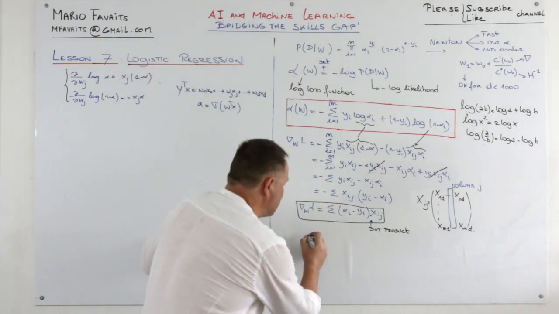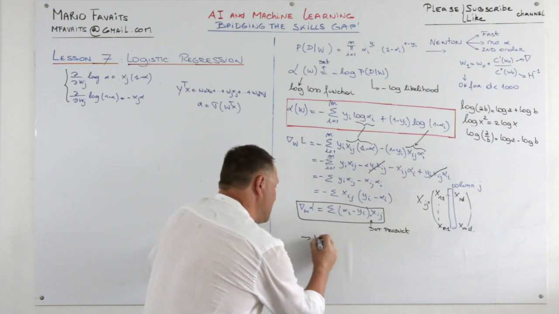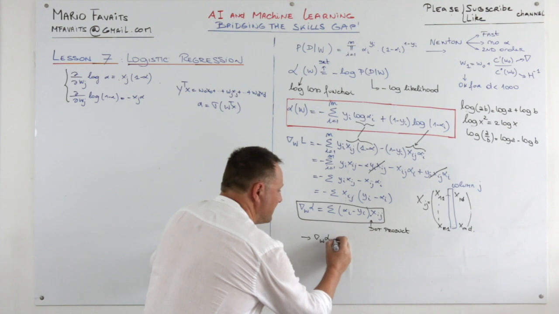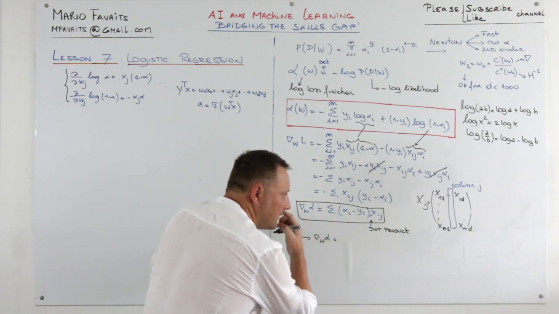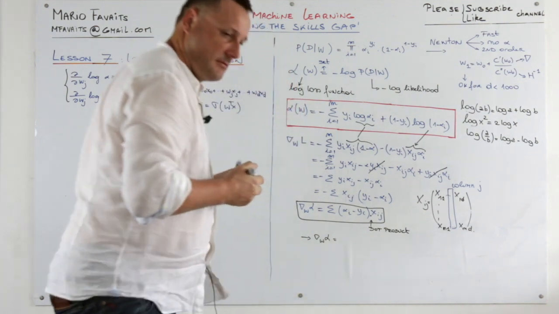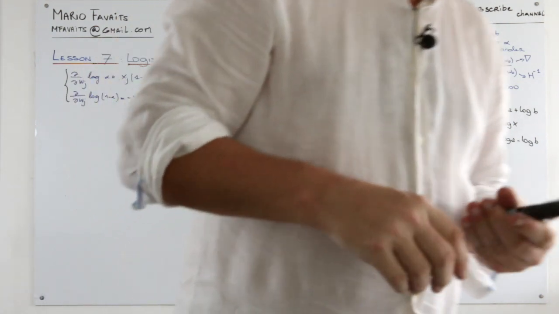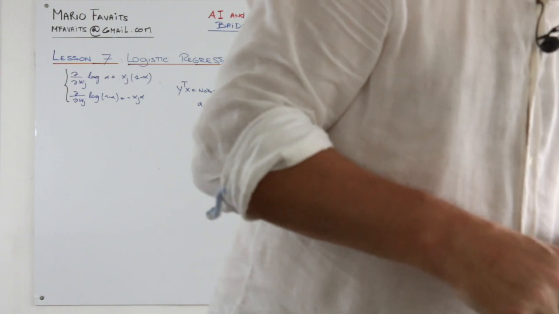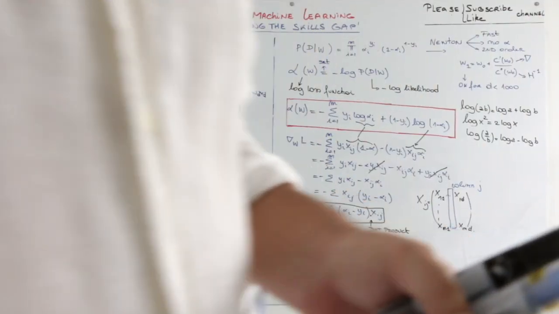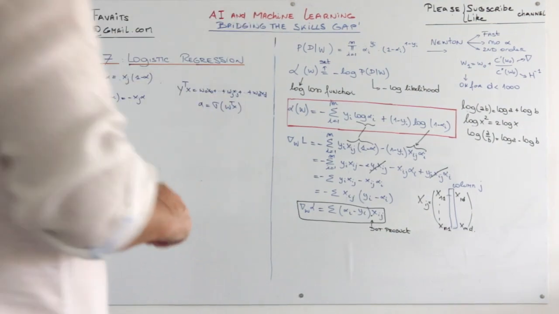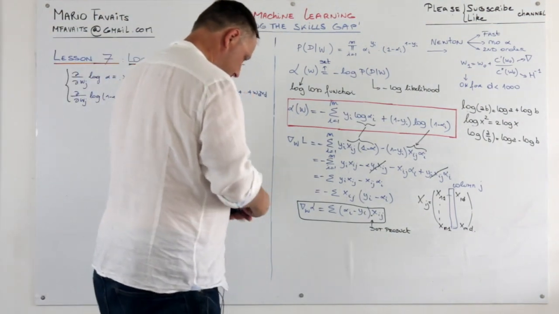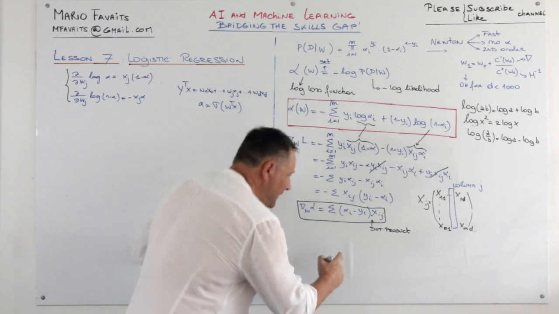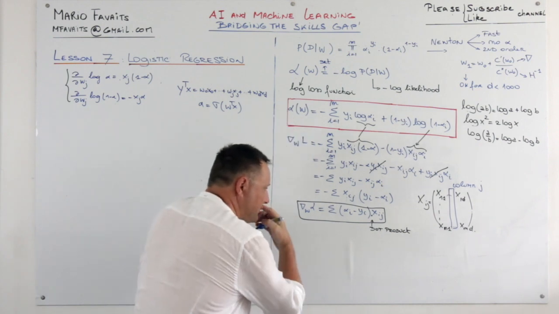So that means that the gradient with respect to w of the log loss equals, let's write it in a matrix form.